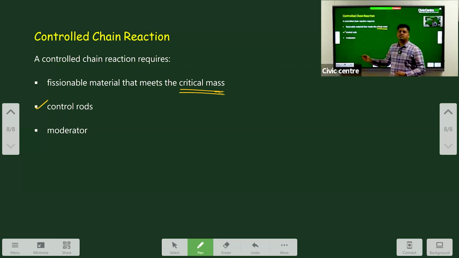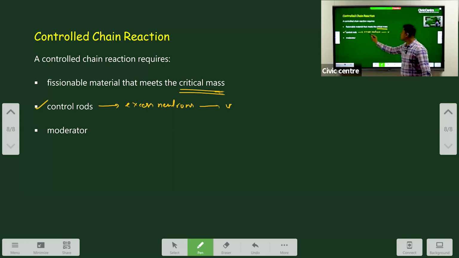Now, what are the control rods going to do? These control rods absorb the excess neutrons, which would lead us to an uncontrolled chain reaction. Because as I told you earlier in this video, the excess neutrons are going to react with the uranium again, right? So that's why the control rods take away the excess neutrons.